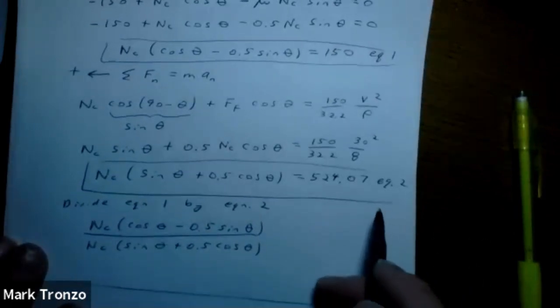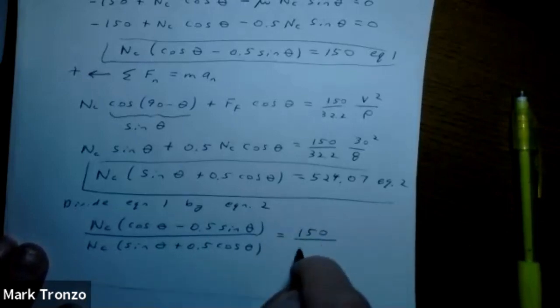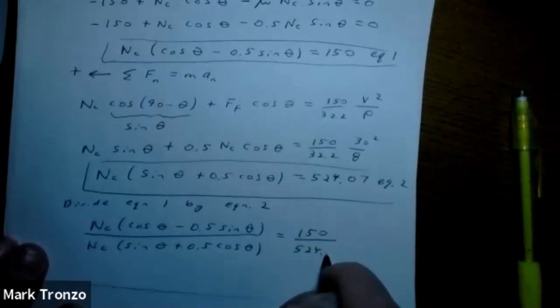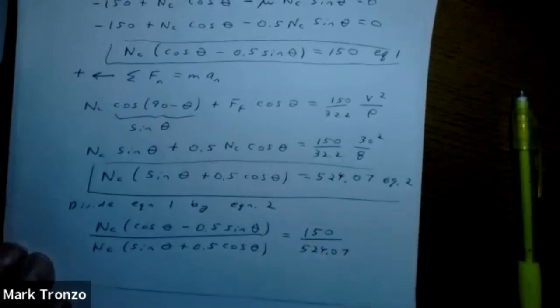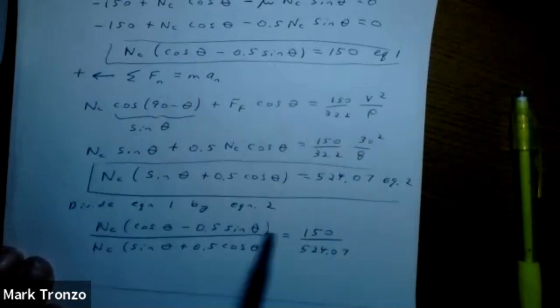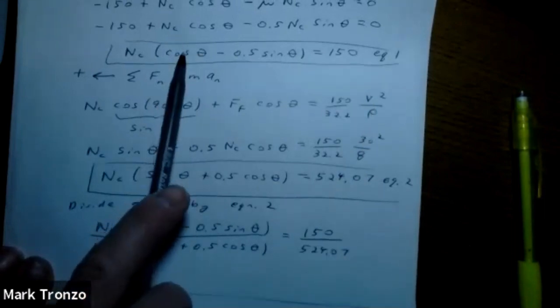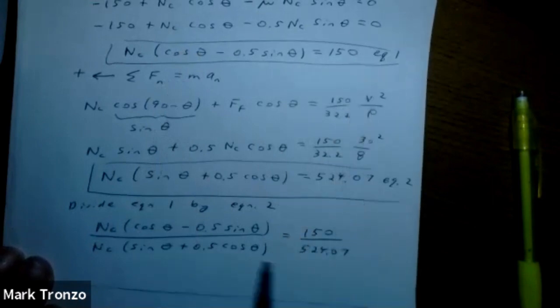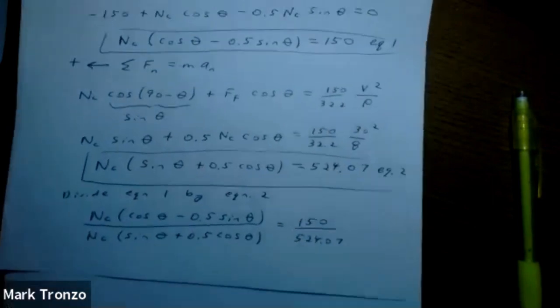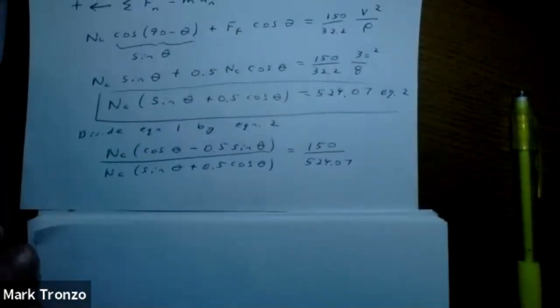Then on the right-hand side, we have 150 divided by 524.07. So remember, we're allowed to do that. If we divide both sides by something that's equal, so in other words, this is equal to this, we divide the left-hand side by this and the right-hand side by this, then we're allowed to do that. The reason we want to do that is that the NC's will cancel.